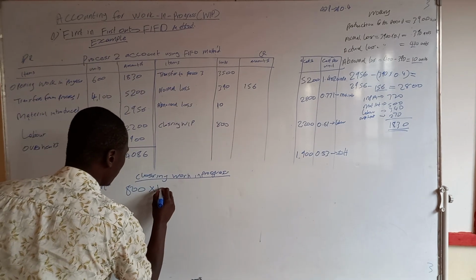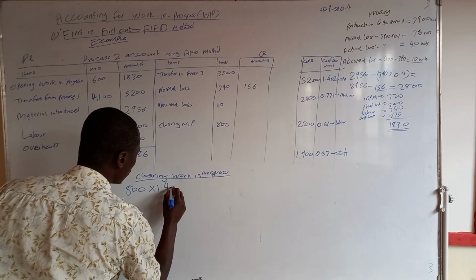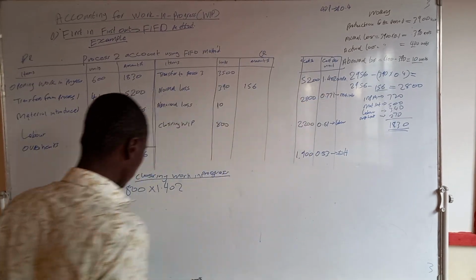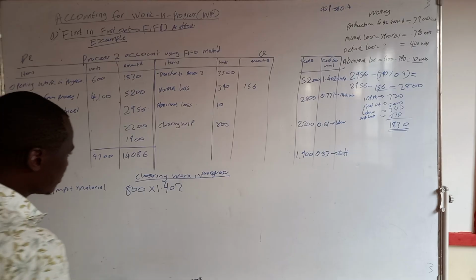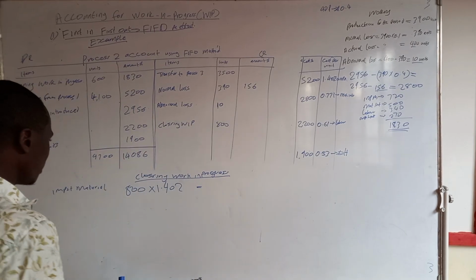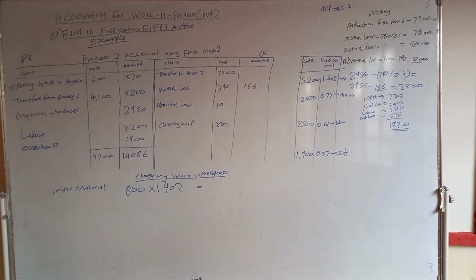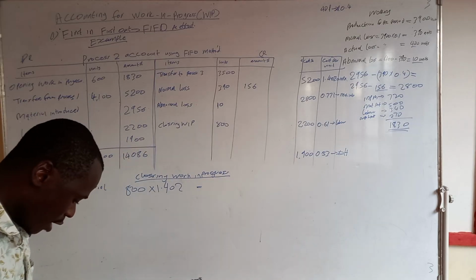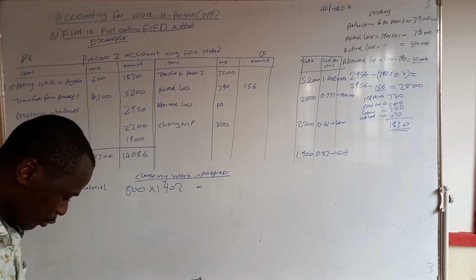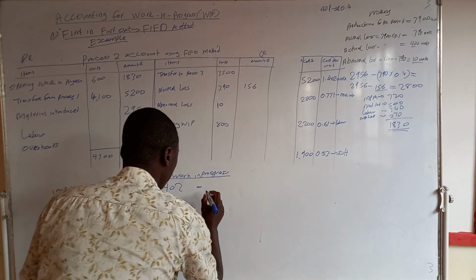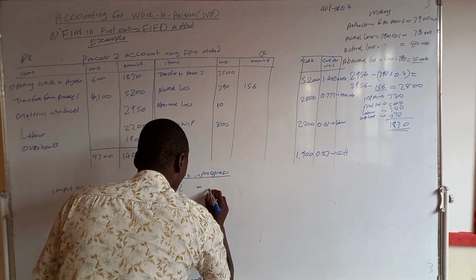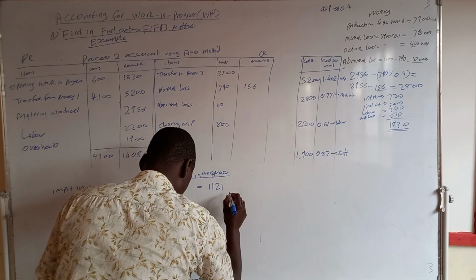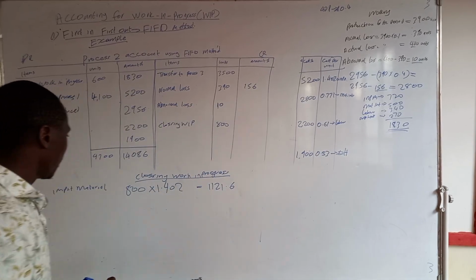So we calculate 800 times 1.402. We get 1121.6. Okay?